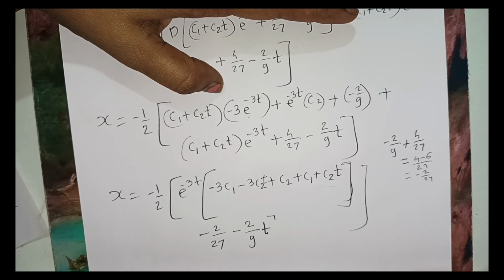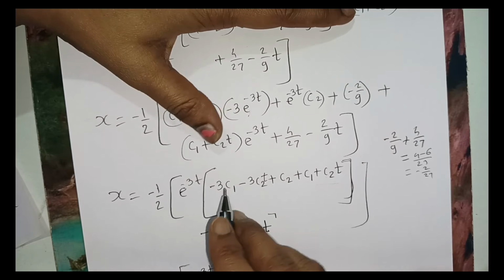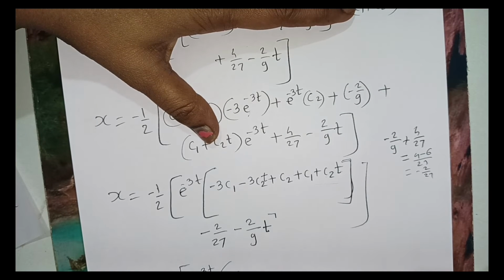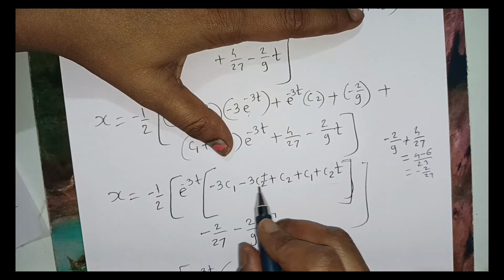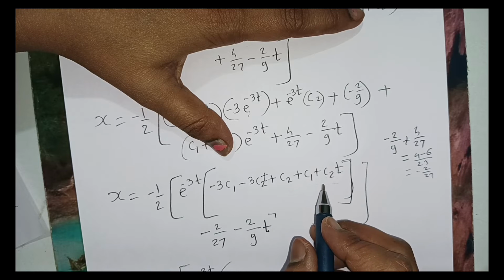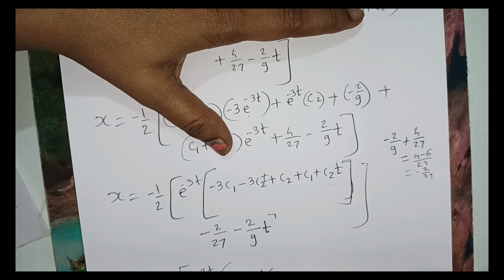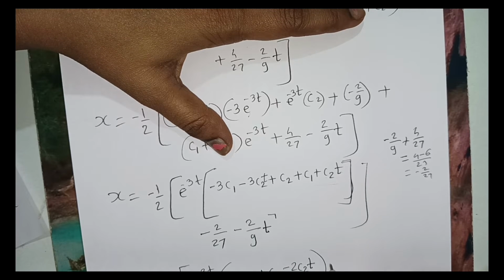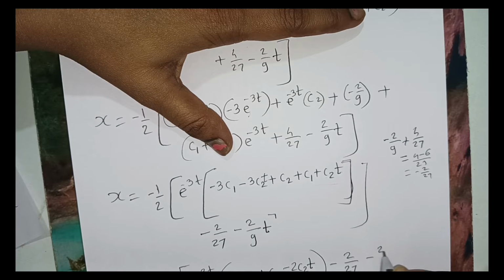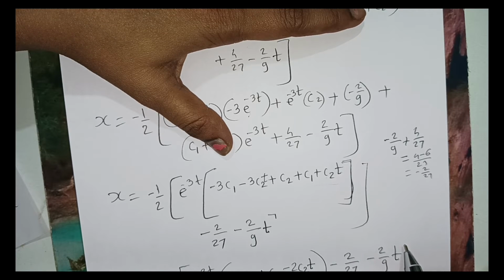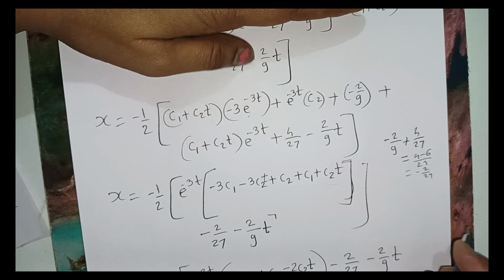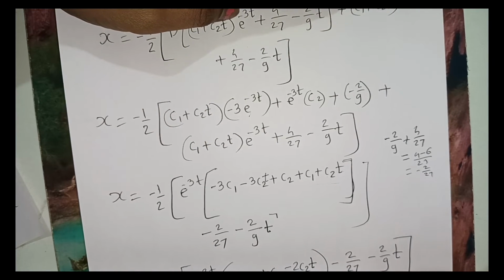So x is equal to minus 1 by 2 e raised to minus 3t, minus 3c1 plus c1 minus 2c1, minus 3c2 plus c2 minus 3c2 plus c2 minus 2c2 t, minus 2 by 27 minus 2 by 9 t. This is your final answer.